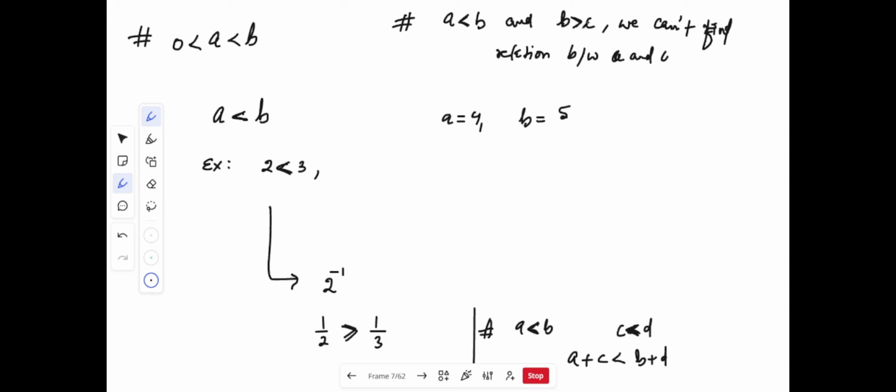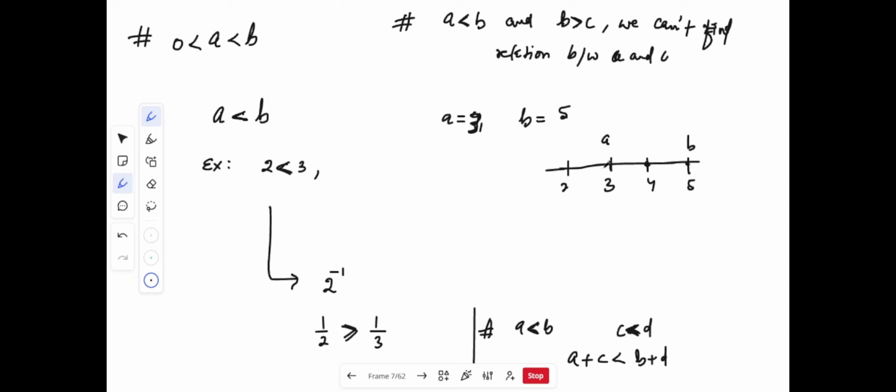Now b is greater than c, so c might be 4, or 3, or 2, any number smaller than 5.